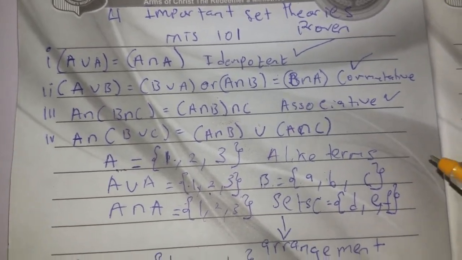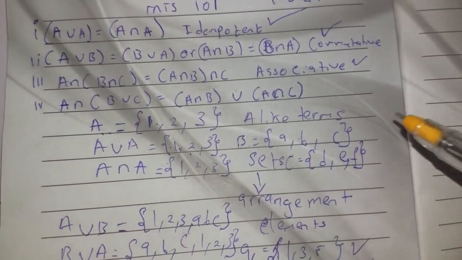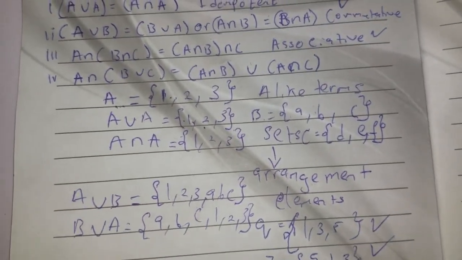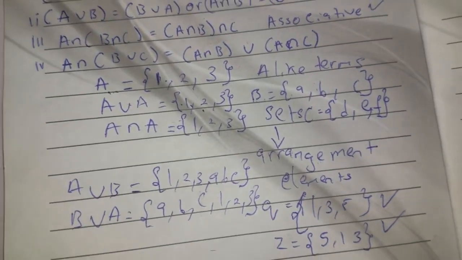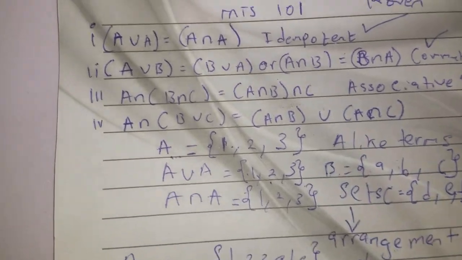It can be e, f, d, e, d, f, any order you want. But I can write it as d, e, f normally.